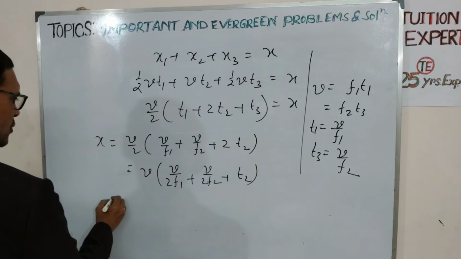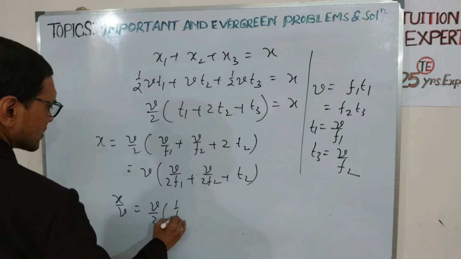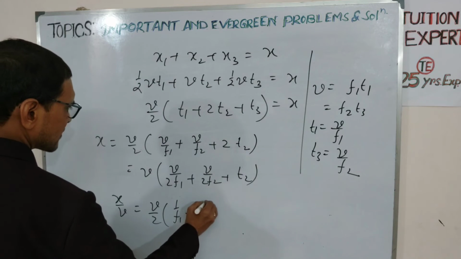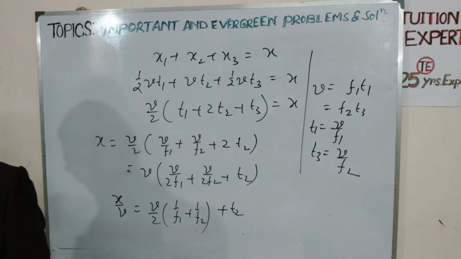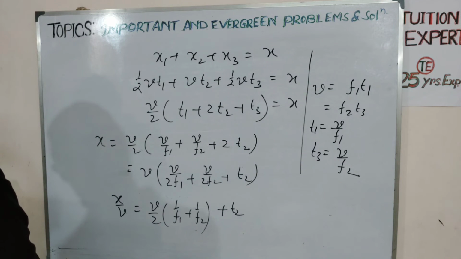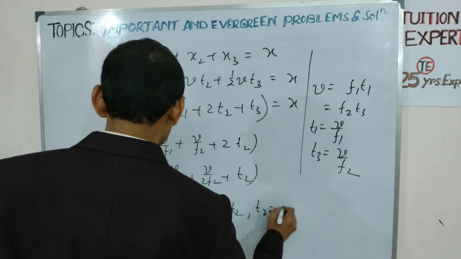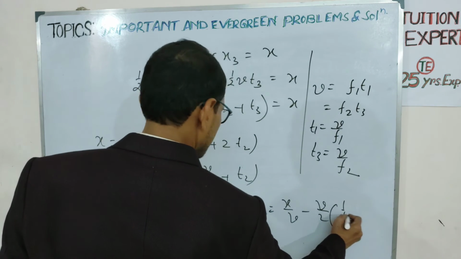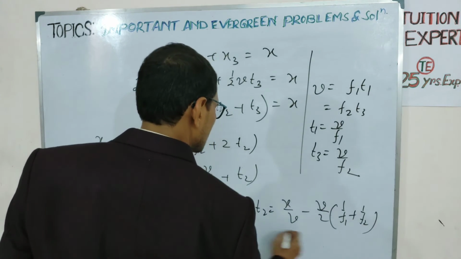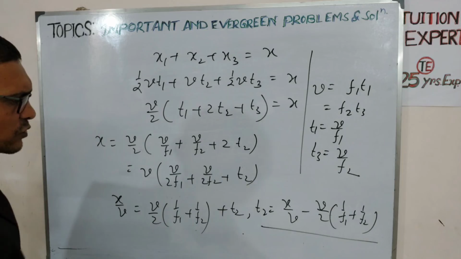From this we get t2 equals x by v minus v by 2 times (1 by f1 plus 1 by f2). So we get t2 here.